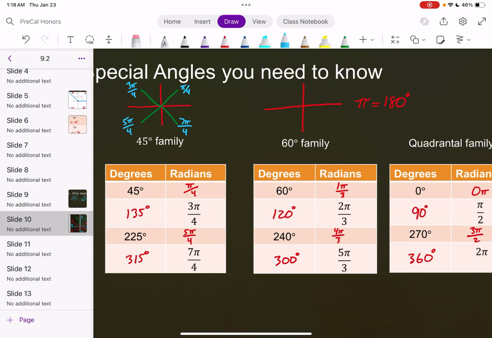So in this case, pi over 3, 2 pi over 3, 4 pi over 3, and 5 pi over 3.